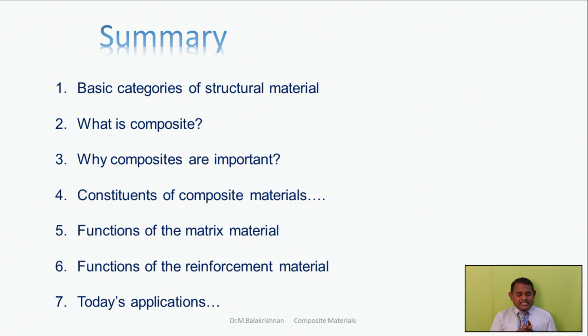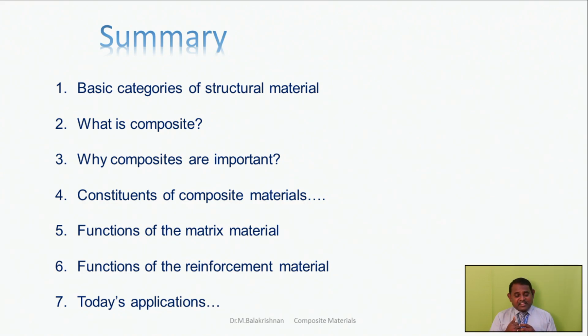So, in summary, the basic categories of structural materials have been discussed, what a composite material is has been discussed, and why composites are important has also been discussed. The constituents of composite materials, like the matrix material, reinforcement material and interfaces, have been covered.